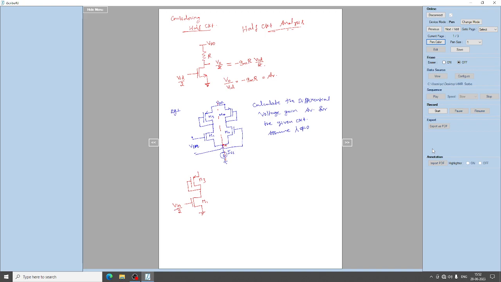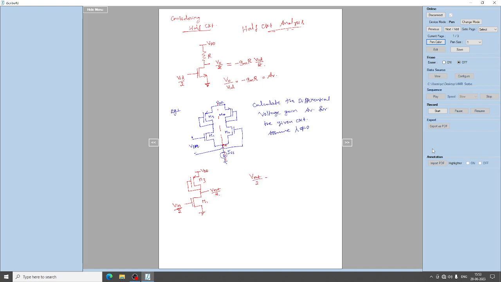If the input is V in by 2, the output at this node will be V out by 2. This is nothing but a common source amplifier with PMOS as an active load, right? So we know the gain expression.